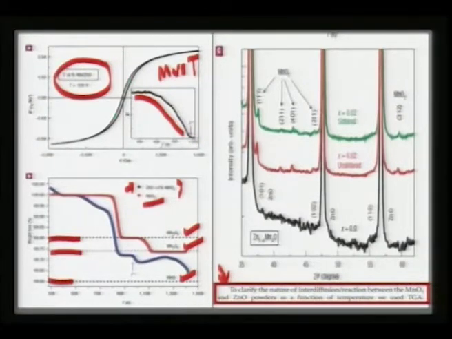Similarly, you can see the Mn2O3 formation seems to be happening much below the standard. So, there could be something that we can pick up, that in the presence of ZnO, the formation of both Mn2O3 and Mn3O4 are favored at much lower temperature. This is the first lesson that we can take.